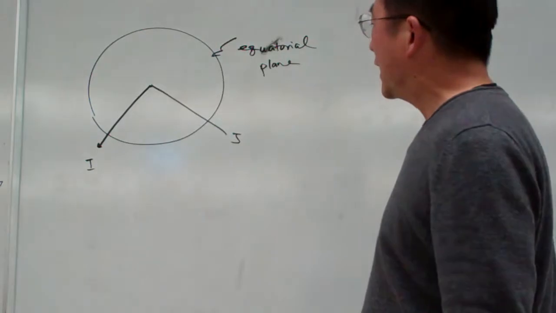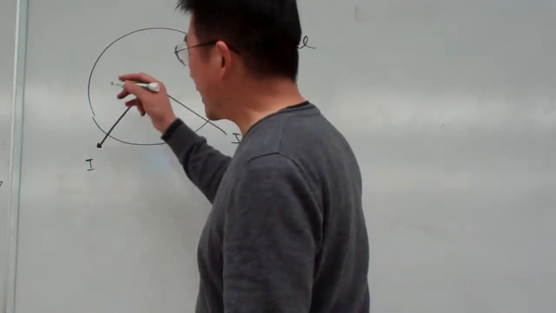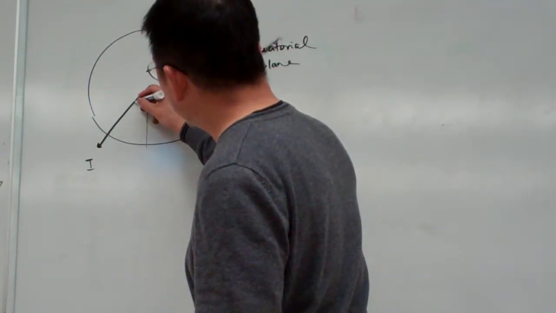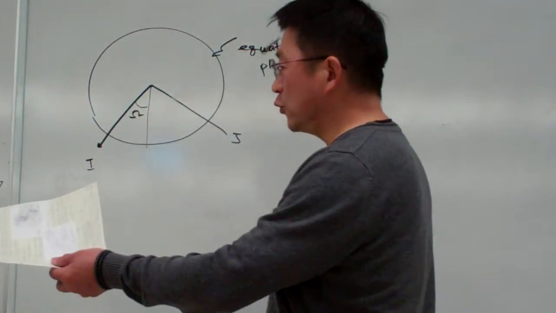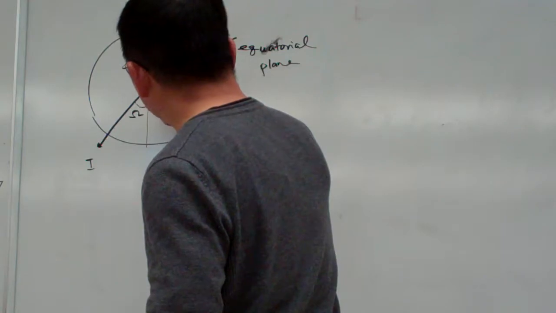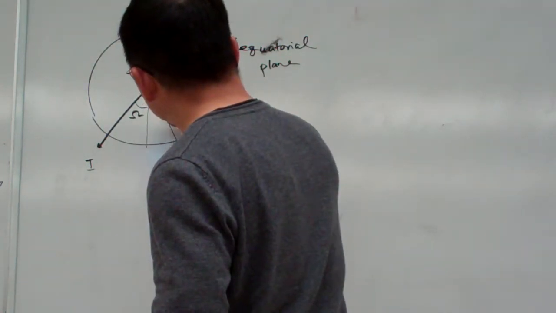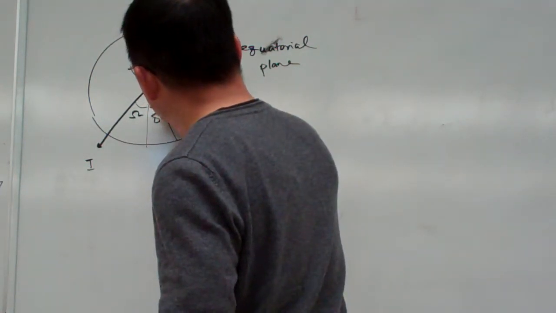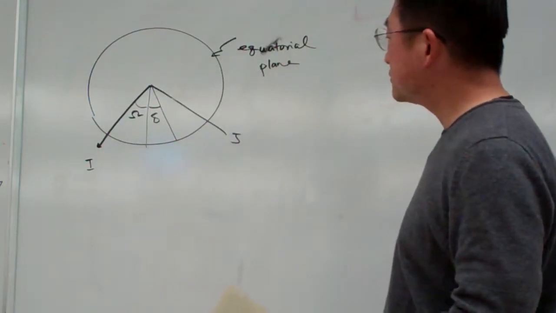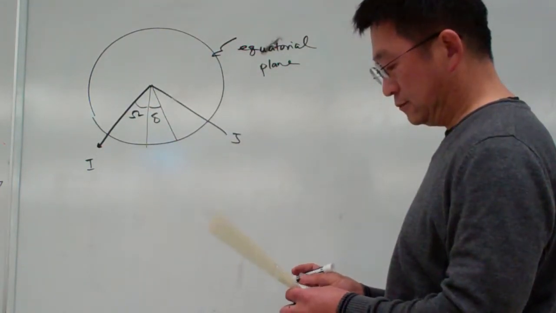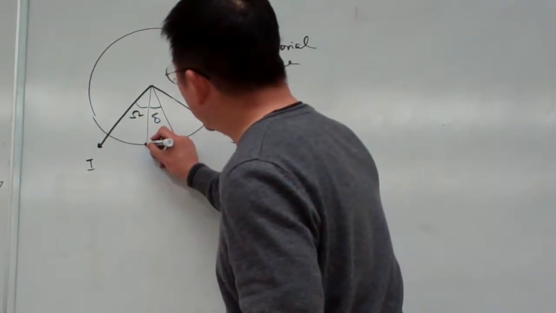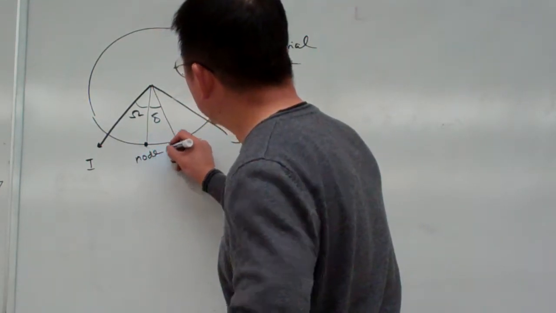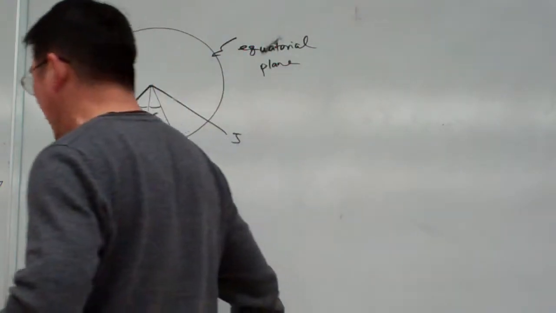Let me put that number here. This is the omega, and we missed the window. So at this moment, this is the delta, and this is one node here. Basically, this is the line of nodes.